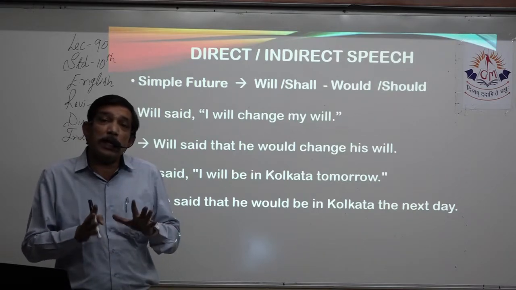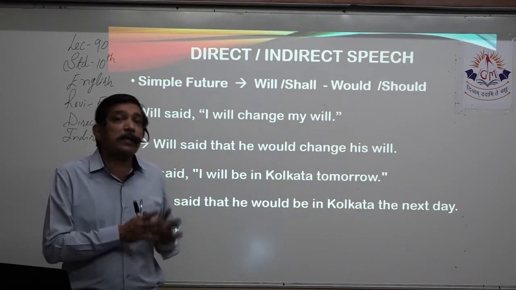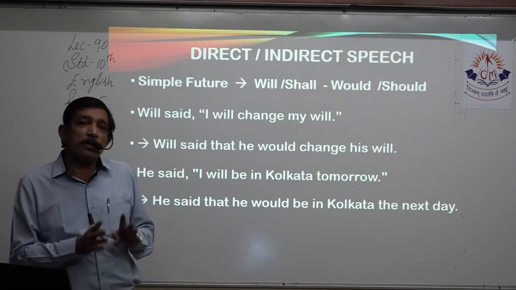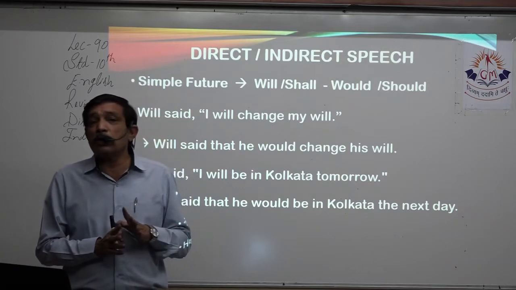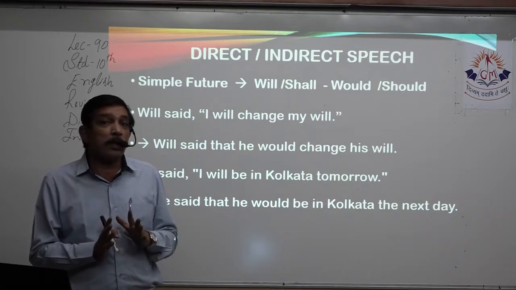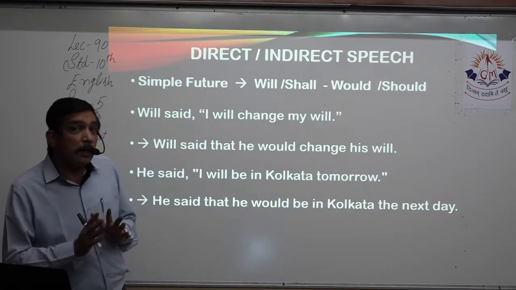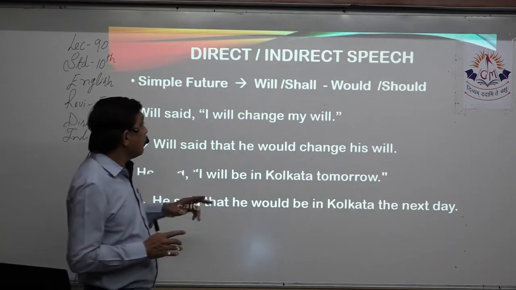Yes, but where indirect speech is concerned, we do accept that would is the past tense of will. Otherwise, both are modals, and modals do not have any tenses, right? They just express mood, but they cannot have a past tense, present tense or future tense.